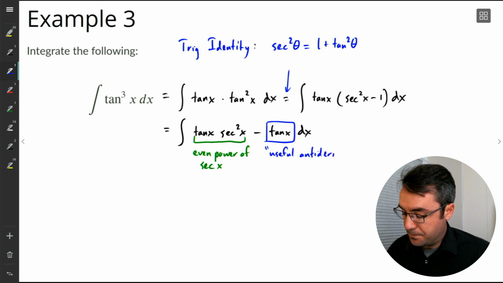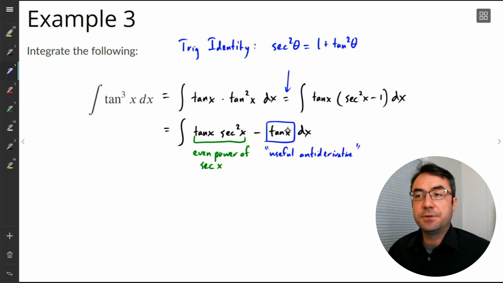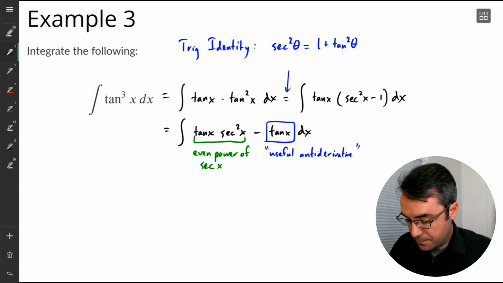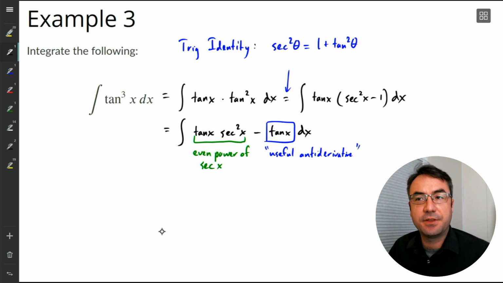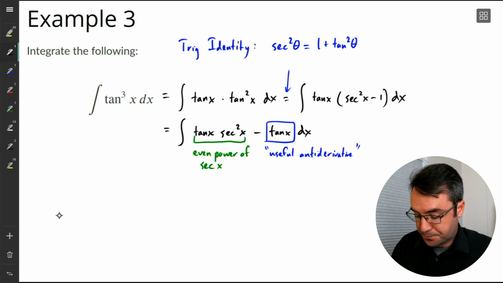All right, so as it stands, we're going to be able to do something with this tangent x that's by itself, but we're also going to be able to do something with this tangent x times secant squared. So let's work with this one first. And we'll just do these separately off to the side, and then we'll put our results together.